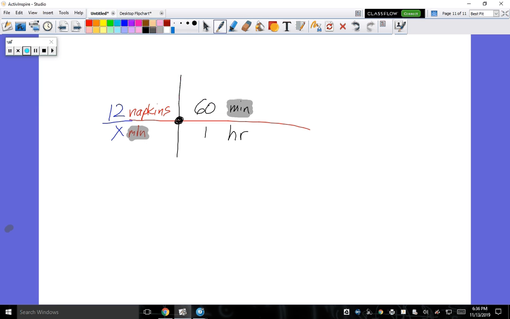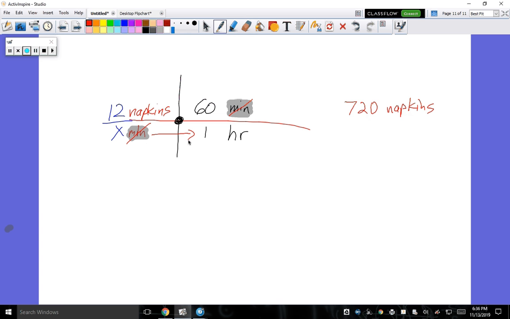Multiplication. So now these will cancel, and my units are how many napkins can I make in 1 hour? Does that make sense? So now, multiplying straight across, we have what? 720 napkins.